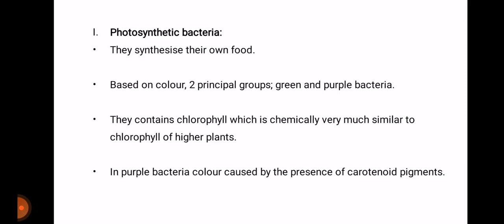The chlorophyll found in the purple bacteria, that is bacterial chlorophyll, differs chemically from green plant chlorophyll in several ways. As a result of this, the pigment will be pale blue or grey. The color is caused by the presence of various carotenoid pigments.